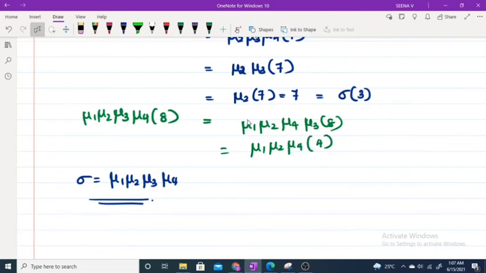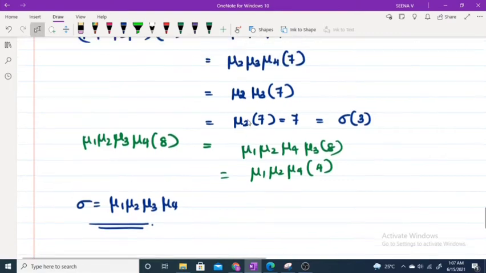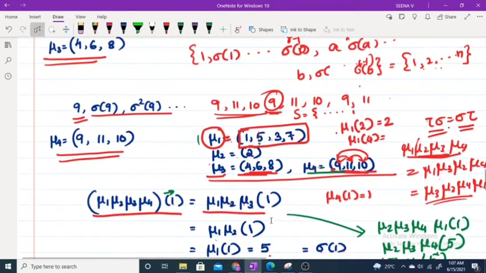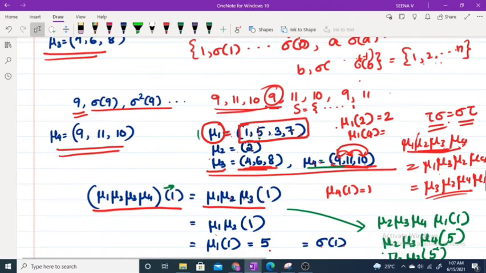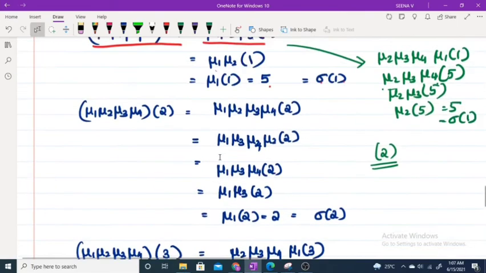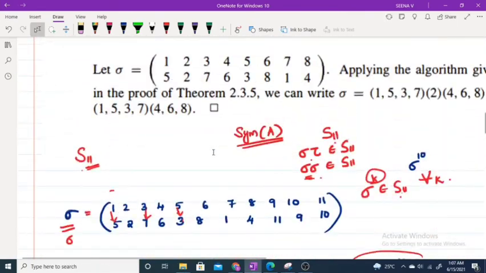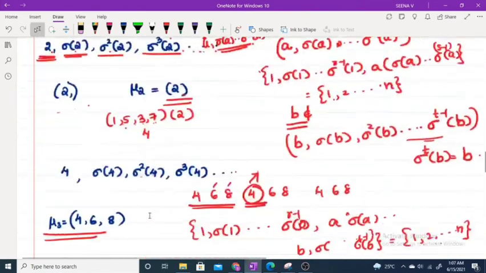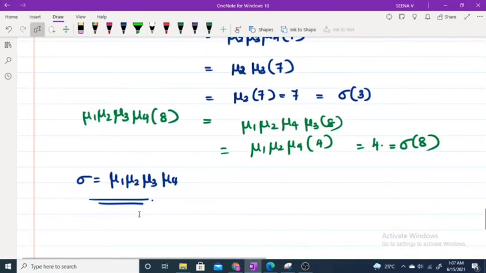What about 4? 4 is in this cycle, all other cycles keep 4 fixed. So this is equal to 4, which is clearly sigma 8. If you look at our sigma, sigma 8 is 4.